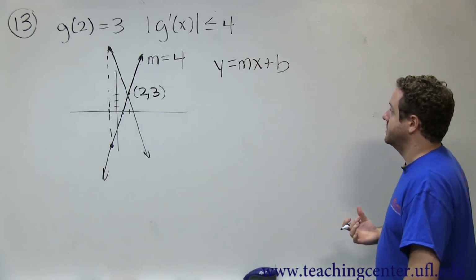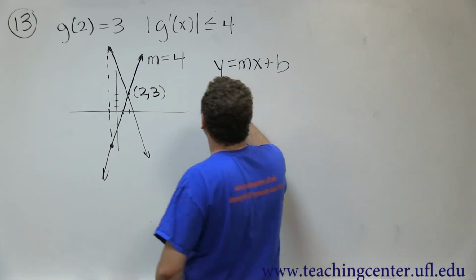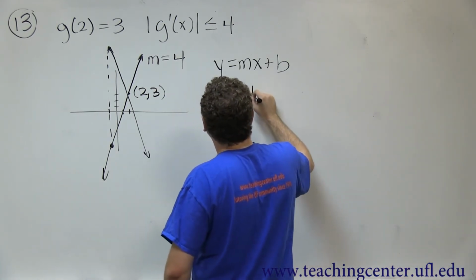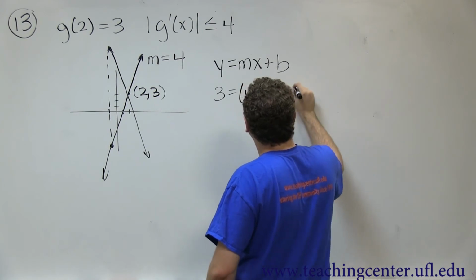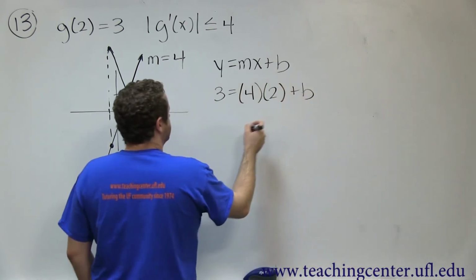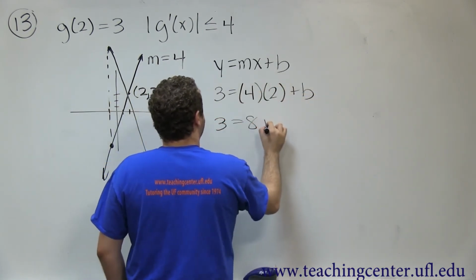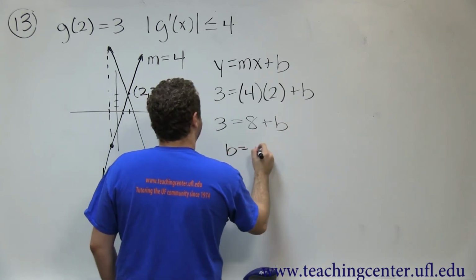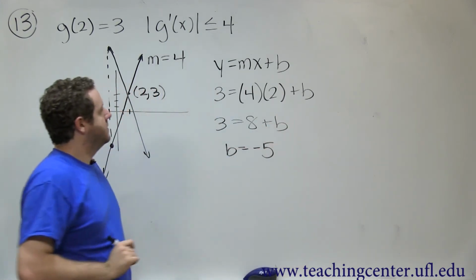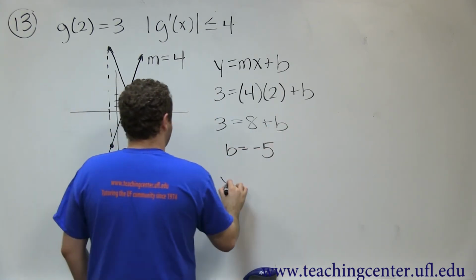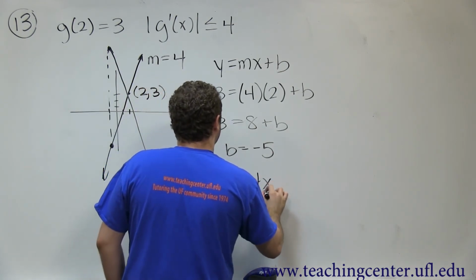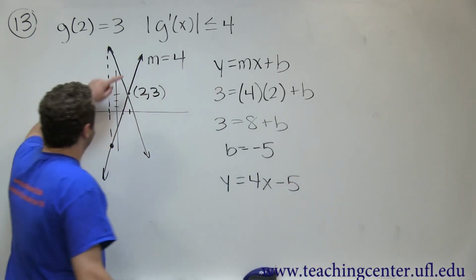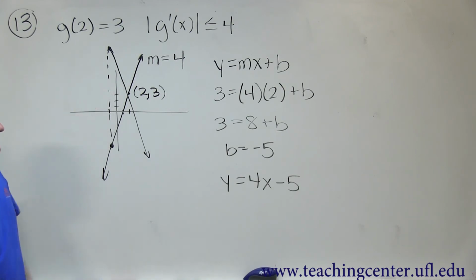I know the y is 3, the m is 4, the x is 2, so this would be 8, and therefore b is negative 5. So now my function is y equals 4x minus 5. That's the graph of this line that I drew here.